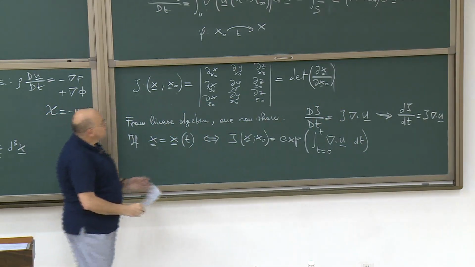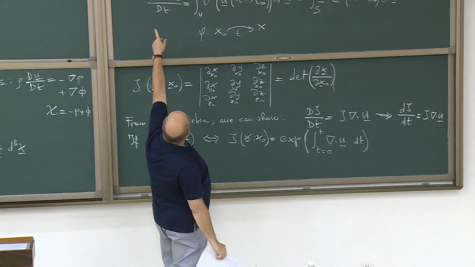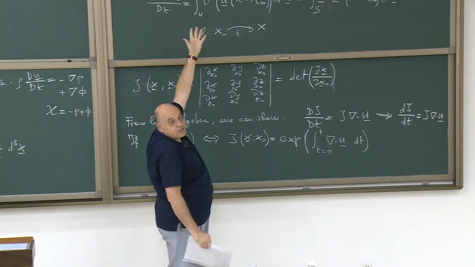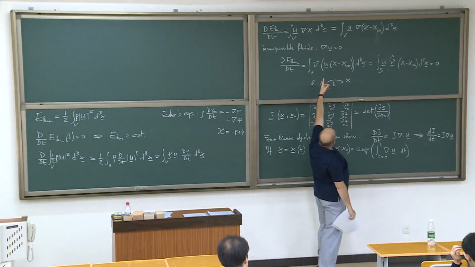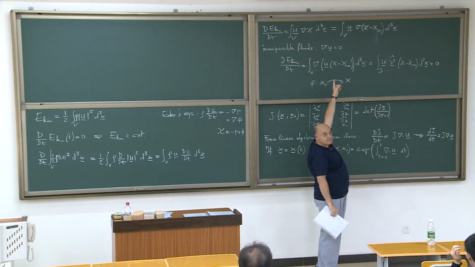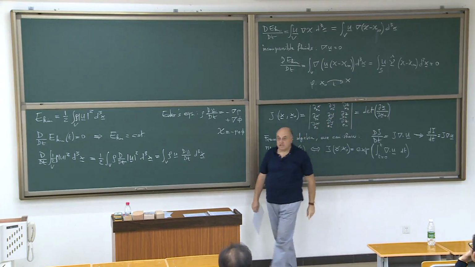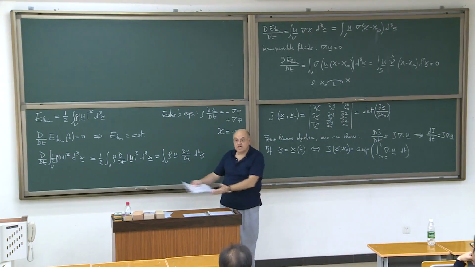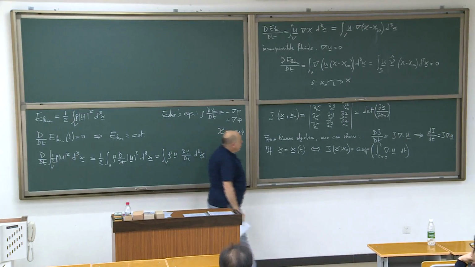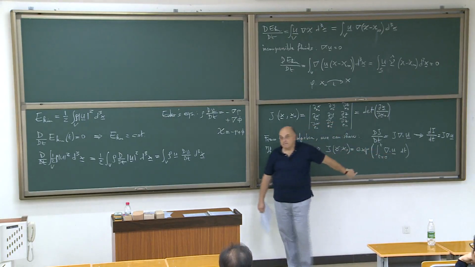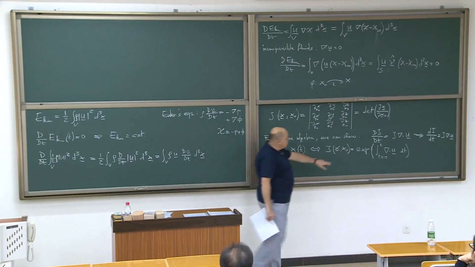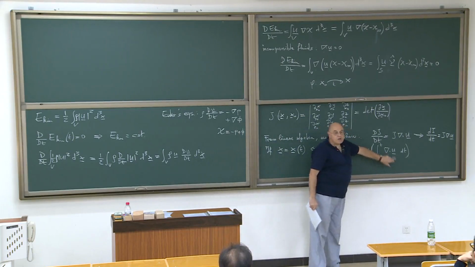All this to tell you, remember, their incompressibility, we use it for simplicity. For simplicity, we use incompressibility, and that is the condition, div u equals 0. Not necessarily, a fluid can be compressible. And you see that condition is just shown up there. And what does that mean?